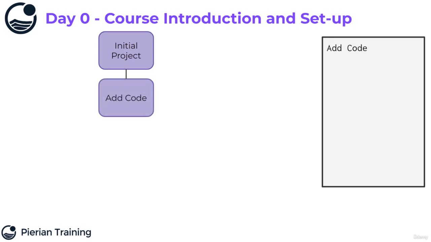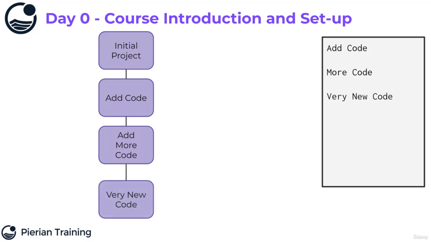So maybe you add some code to your initial project document, and then you decide to add some more code. Each time you're doing this, you're actually setting a checkpoint. That's a historical point that you can always go back to. You can think of it as a save point if you were playing a video game. You could always go back to a previous save. So you have your initial project, adding some code, adding some more code.